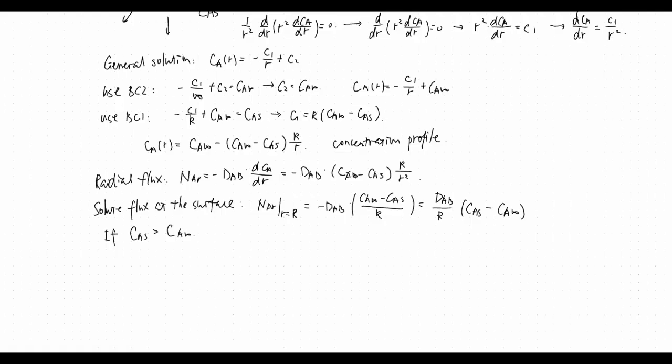So you would have CAS larger than CA infinite, and in that case you would get NAR positive. That means you have outward flux. So it will make sense.